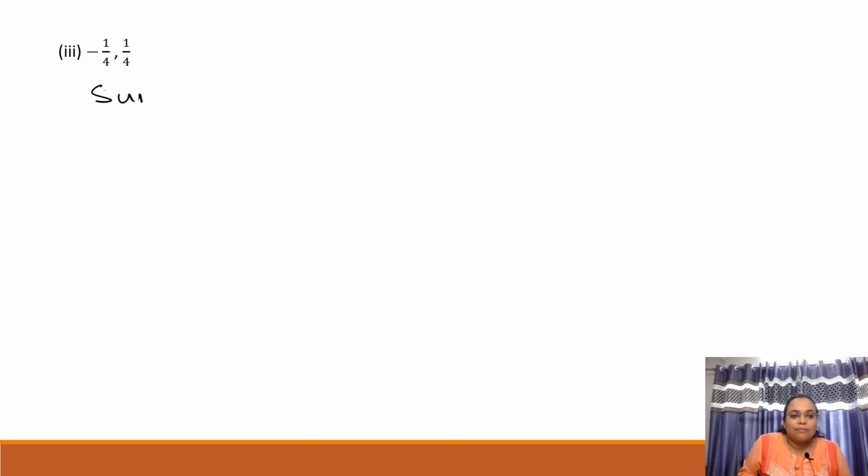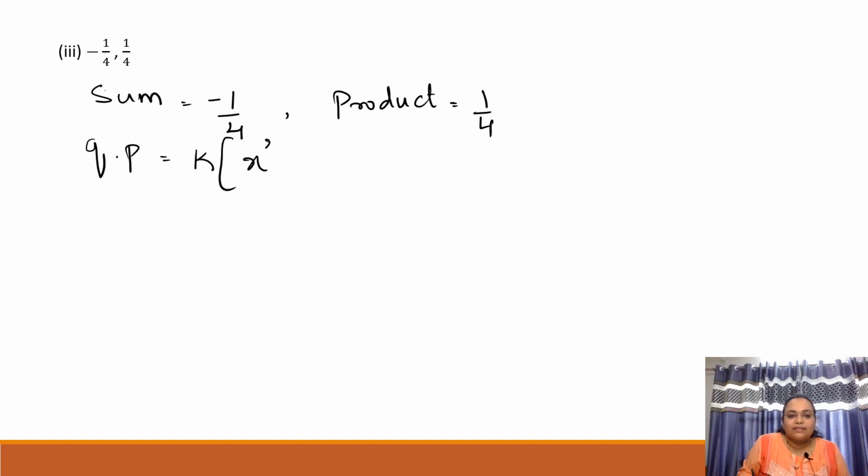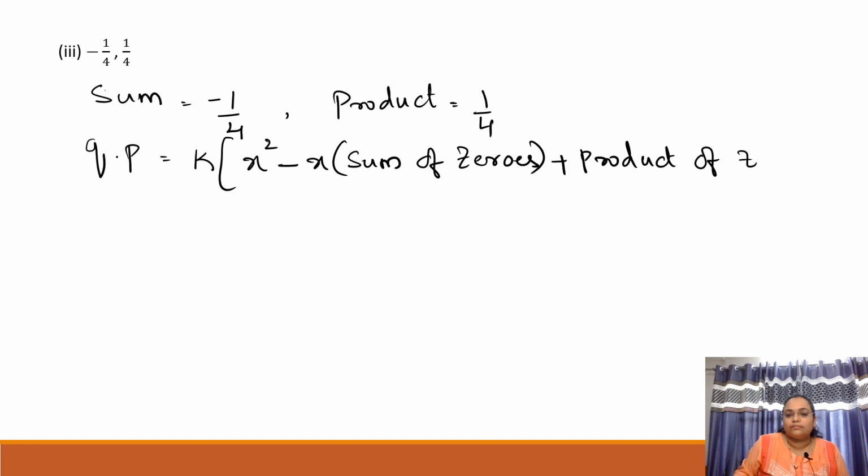So, this is the last sum. So, sum of the zeros is equals to minus 1 by 4 and product of the zeros is equals to 1 by 4. So, quadratic polynomial, you will take it as k of x square minus x of sum of zeros plus product of zeros, right? K of x square minus x of, what is sum of zeros?